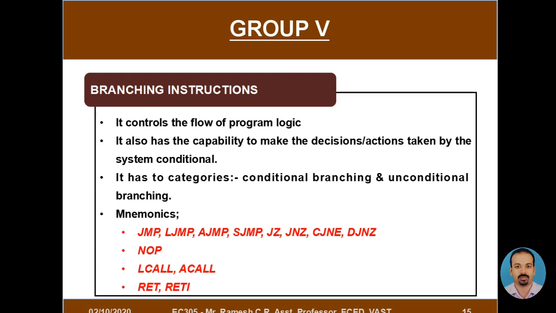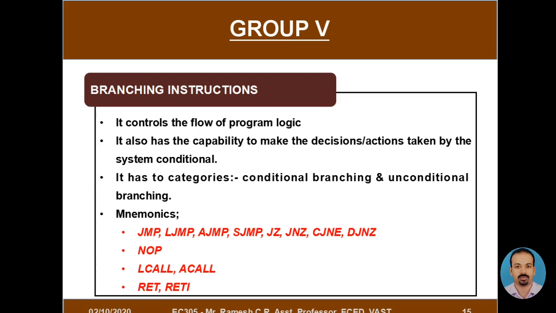It will go to that particular new location, service that interrupt request, and come back to the program, resuming with the remaining instructions. So to return from that new location, which was accessed by the processor or the controller to service that interrupt request, we use the mnemonic RETI at the end of that particular memory space.